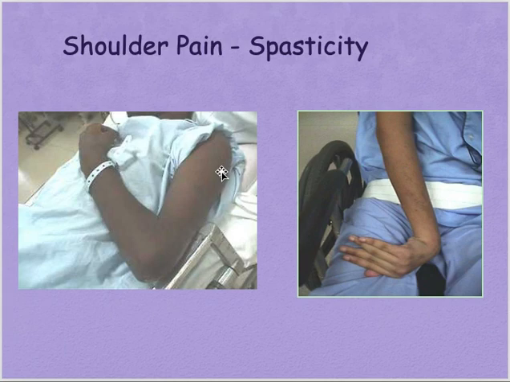Now, basically the most common cause of shoulder pain is called complex regional pain syndrome 1, or CRPS1, which is also called Sudeck atrophy. I don't know if you have heard about that.